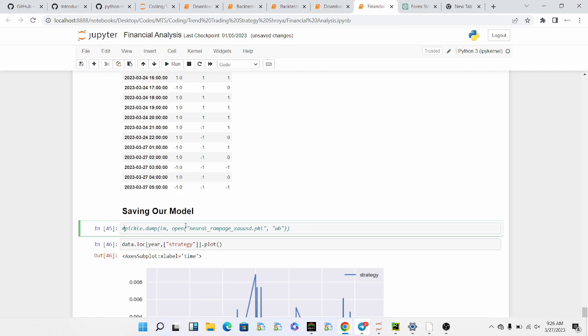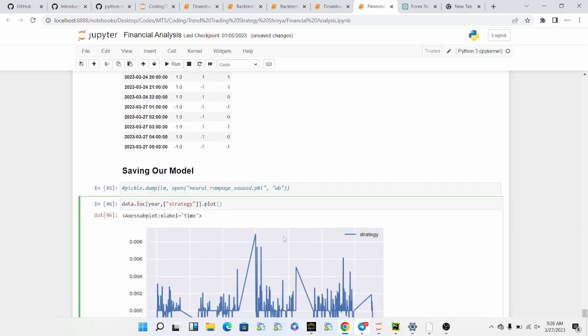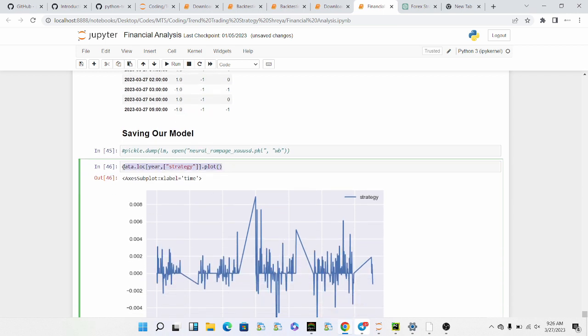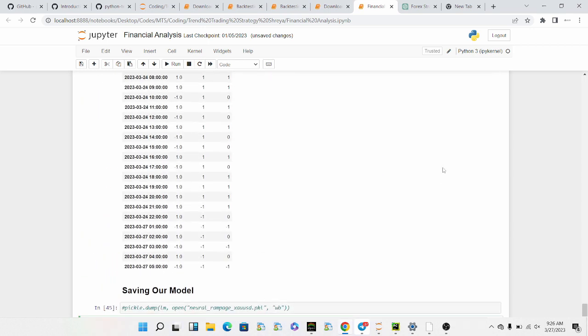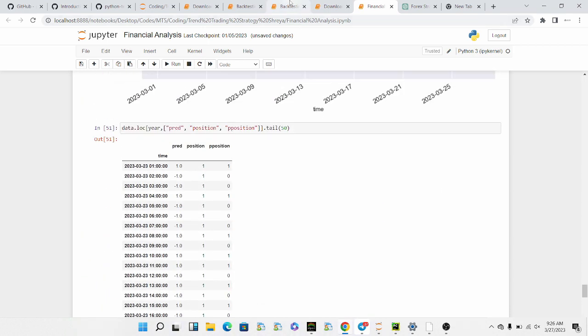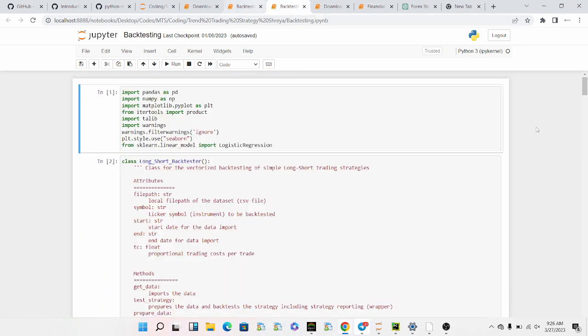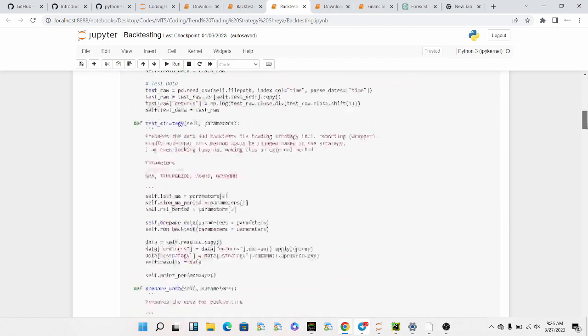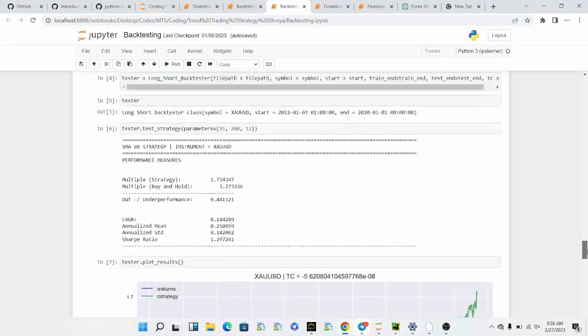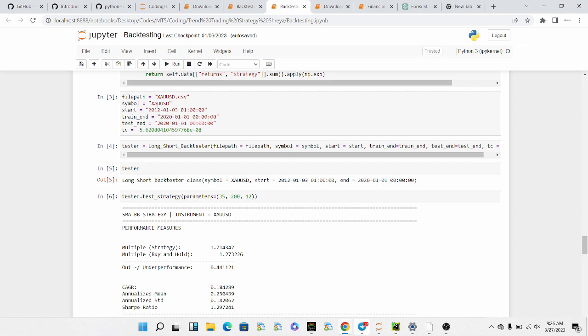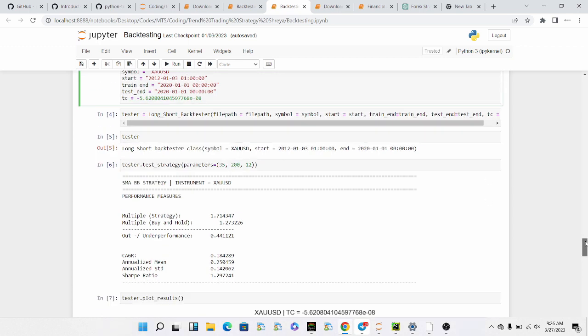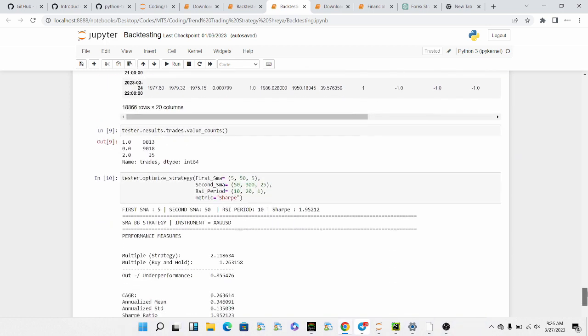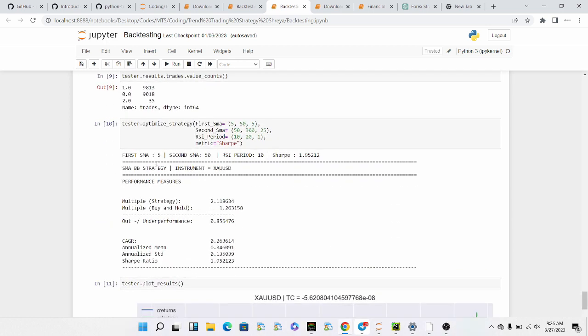We saved that file here, which is our model, and then we looked at the returns. Okay, so we looked at the returns here. So let me just have a view of the backtester class. Let me just show you guys a little bit about the backtester class here. You can see we imported the backtester class, we added our values here, and then we did the backtest here, and on optimization we got 550, and for the RSI we got 10.